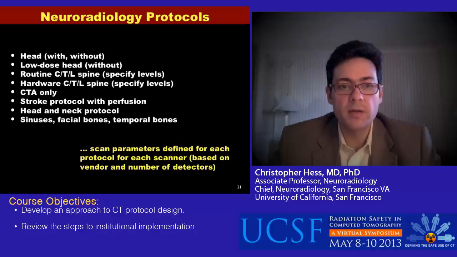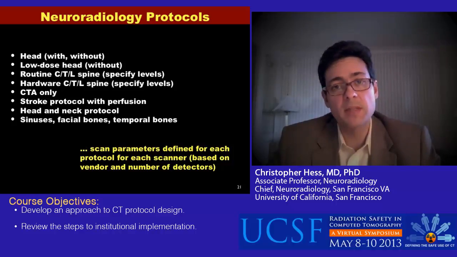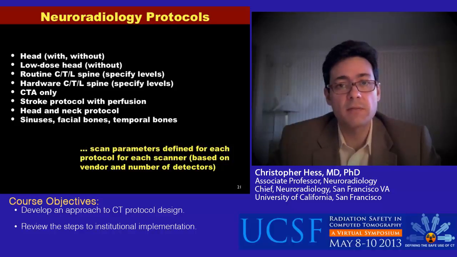We also evaluate the cervical, thoracic, and lumbar spine, either with or without hardware, 2 separate protocols, and the protocoling physician needs to specify the exact levels which are covered. If a surgeon is interested, for example, only in evaluating the lumbar spine fusion hardware for a lower lumbar spine fusion, say at L4-5, it may be possible simply to scan from L2-3 through L5-S1 to evaluate the hardware itself and the adjacent levels.